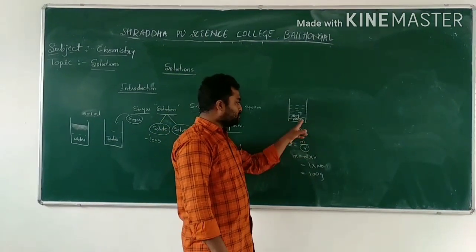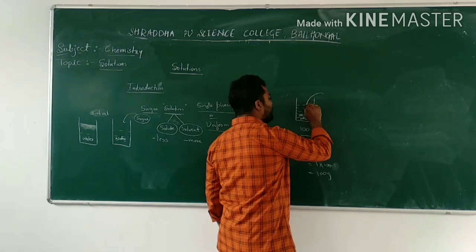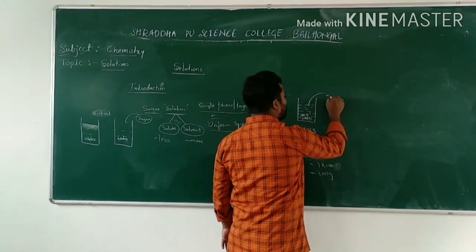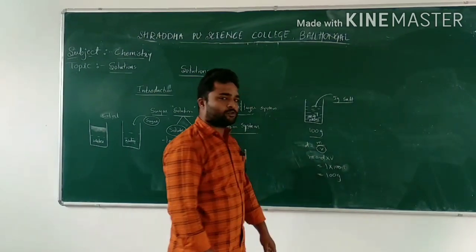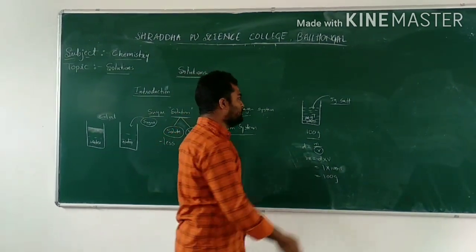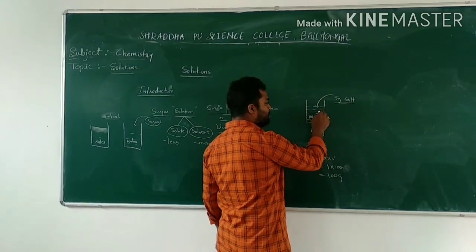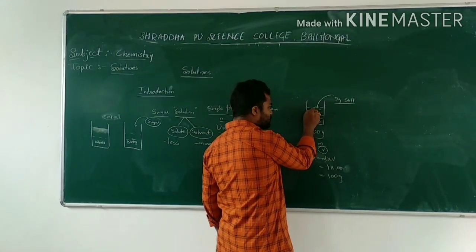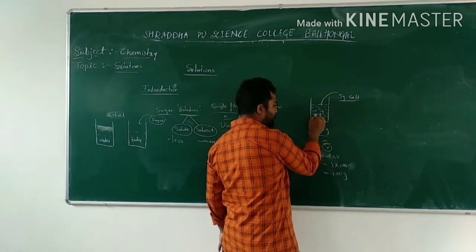So I have 100 gram of water, 100 ml of water. To this, if I add 5 gram of salt or sugar, what is going to happen is, once this gets into the system, you will not see a separate layer, because these salt particles will take interstitial place between the water molecules.